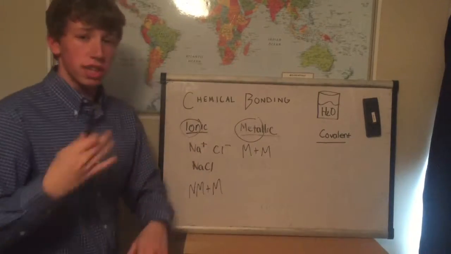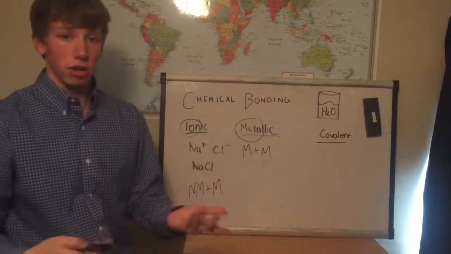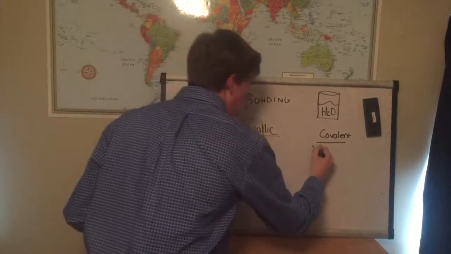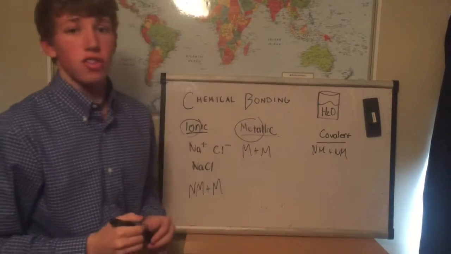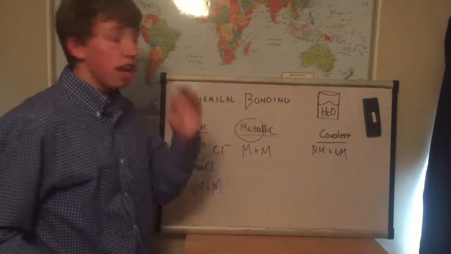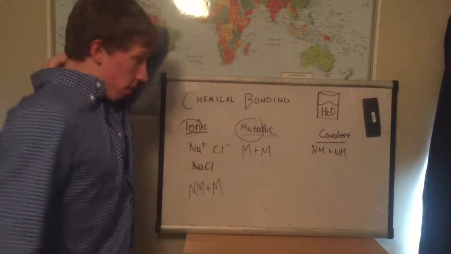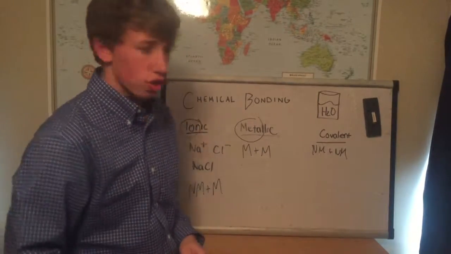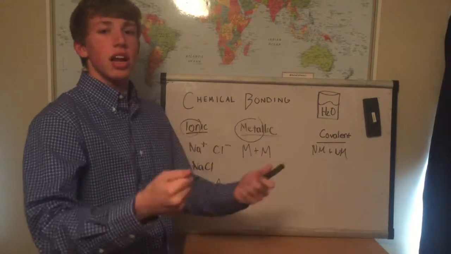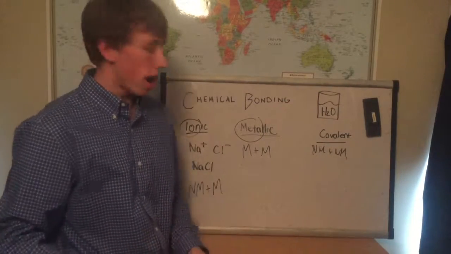Our last bond is the covalent bond, alright? Well, we had ionic, which is a non-metal and a metal, a metallic, which is a metal-metal. Covalent will be a non-metal and a non-metal. This is your water, this is your carbon dioxide, this is your xenon tetrafluoride. So important to remember here is that we have co together and valent. Think of valence electrons, alright? In a way, these valence shells of these atoms are together, alright?